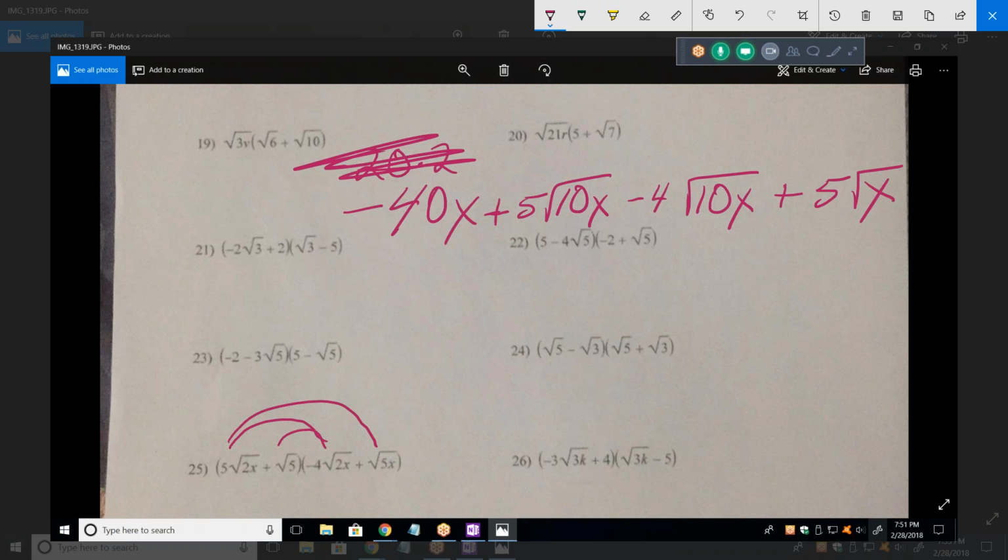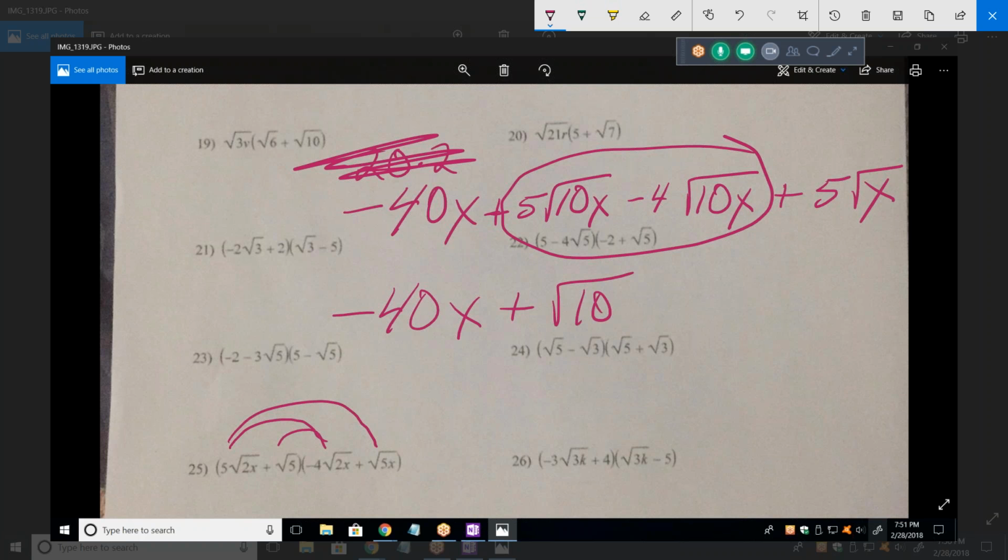Yeah. Now, we can combine those. Whenever you do a binomial times a binomial using FOIL, you generally can combine the middle two terms. And then that is square root of 10x plus 5 square root of x.